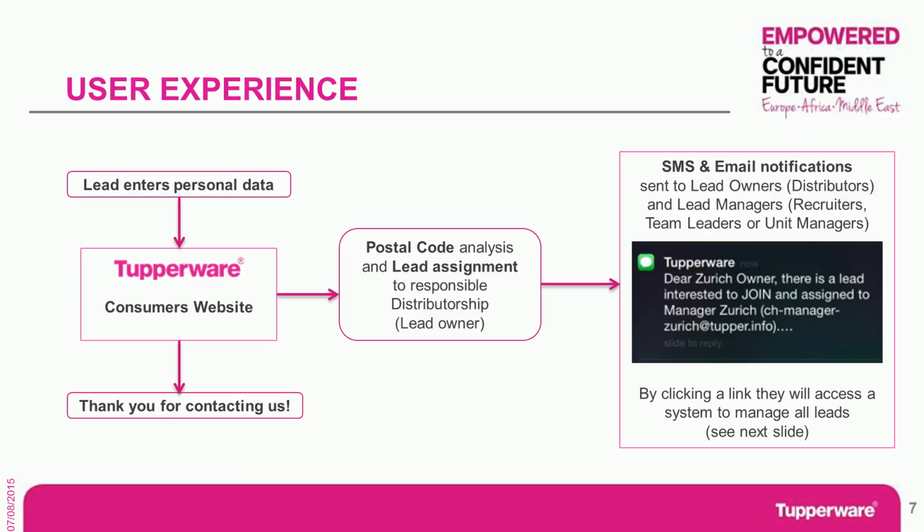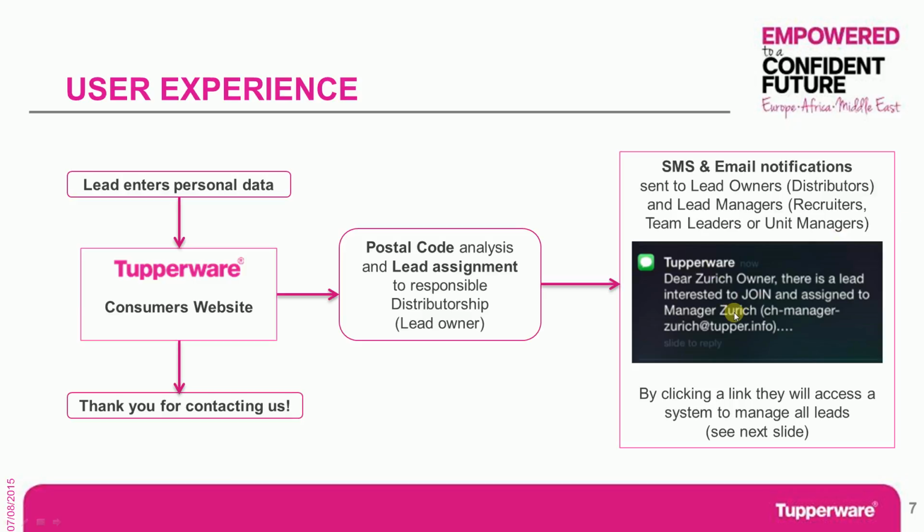Of course, in the backend, the system is not so simple. It has some complexity, but in terms of users, we want to make this system really, really easy. That's why there will be a link in this SMS. If you click it, you will be able to access additional information about that lead, and then you can call that person and change the status.